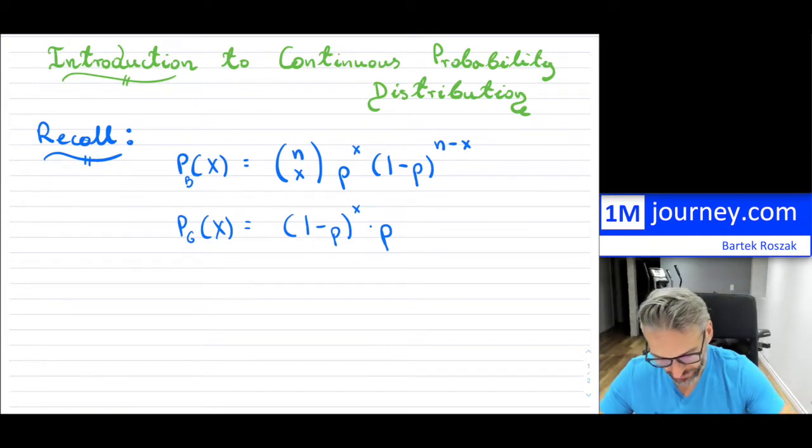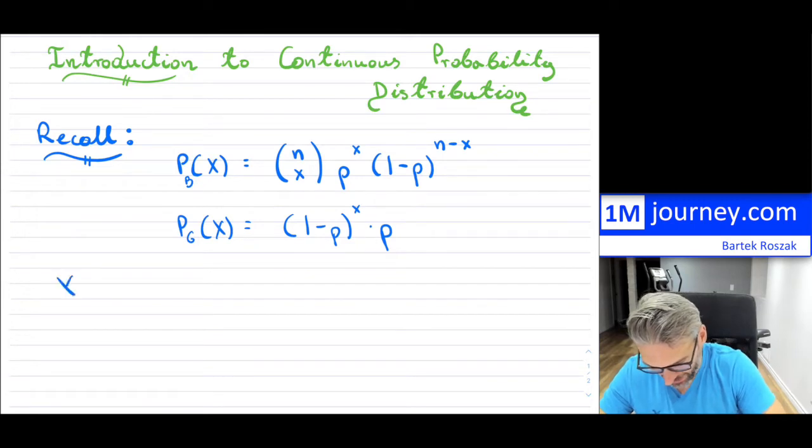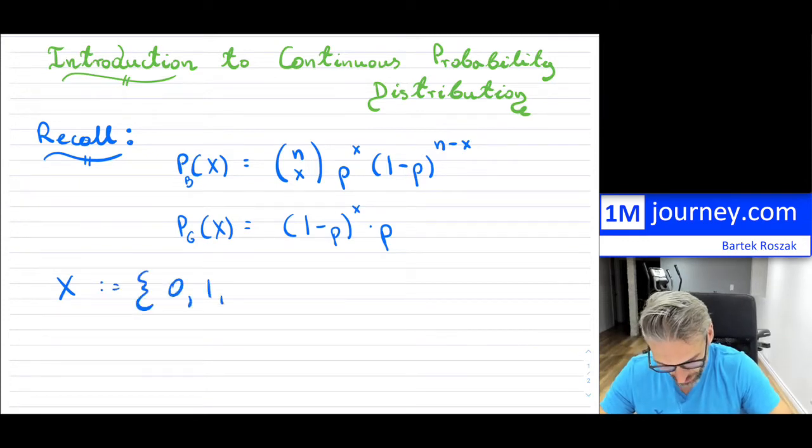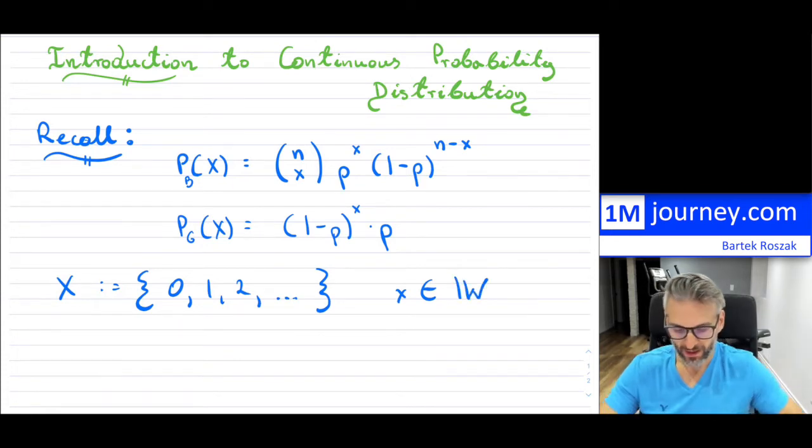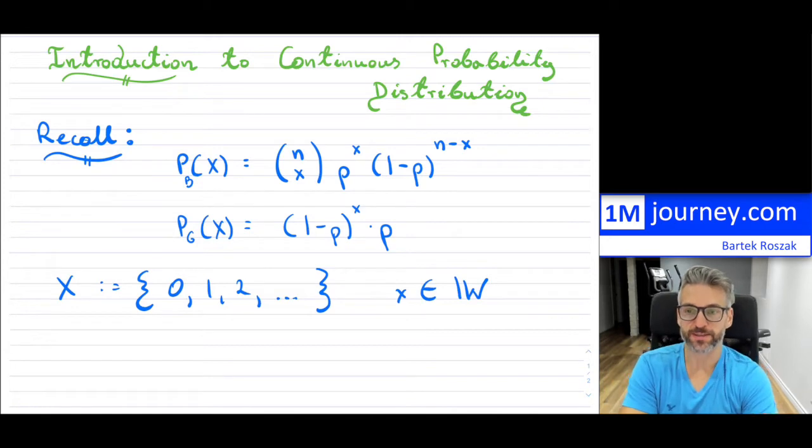So we had x be 0, 1, 2, and so on, or we can say our little x is an element of just the whole numbers, and that made it discrete.